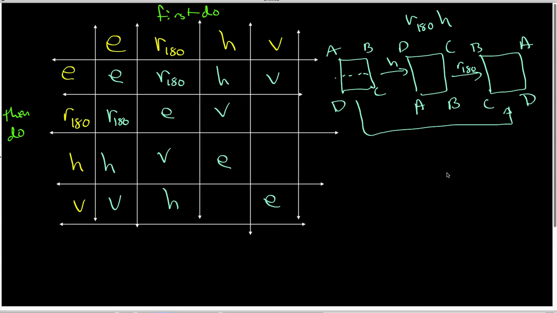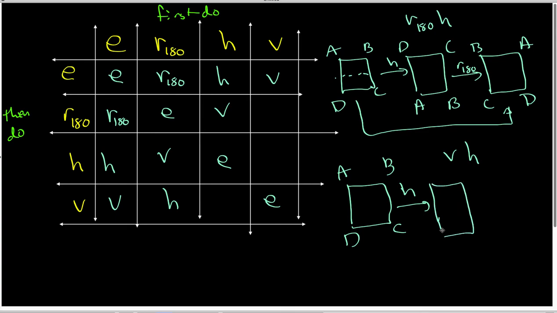If I want to do the horizontal flip followed by the vertical flip, I'm going to start with the square A, B, C, D. We do our horizontal flip. And when we do the horizontal flip, we are going to have DA and CB like that.